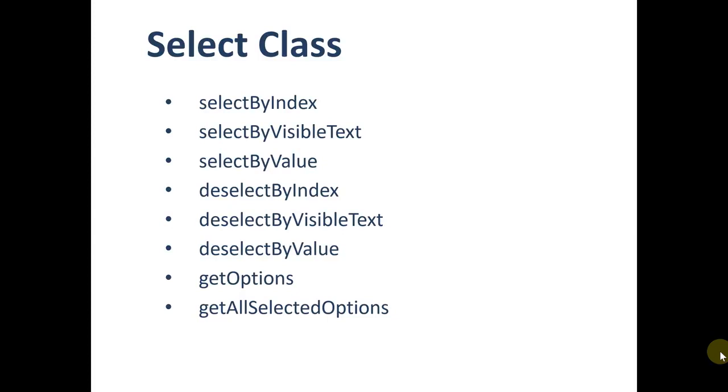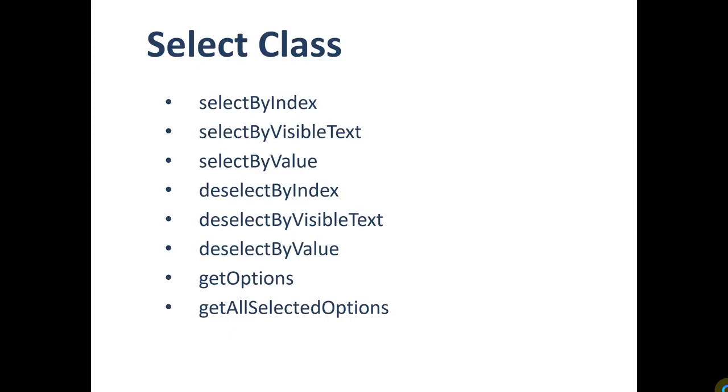So you can see there are methods like select by index, select by visible text, select by value, and for the same you have deselect methods as well. Again, there are methods provided by Selenium with the Select class, that is getOptions and getAllSelectedOptions.